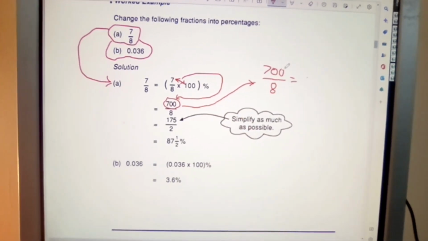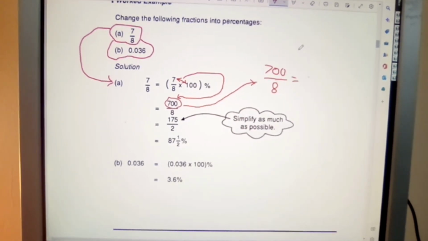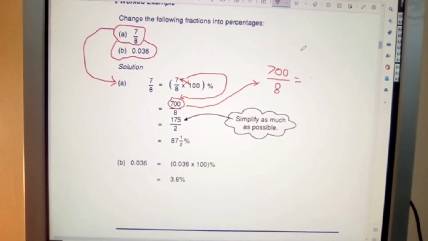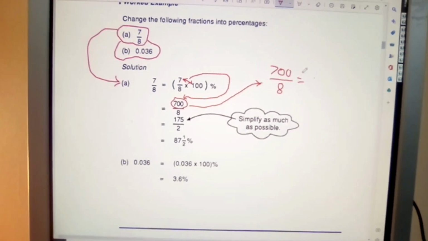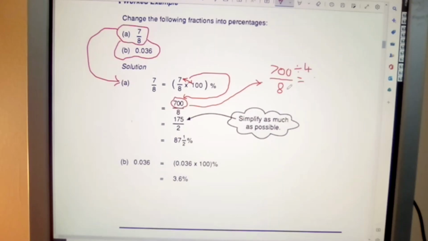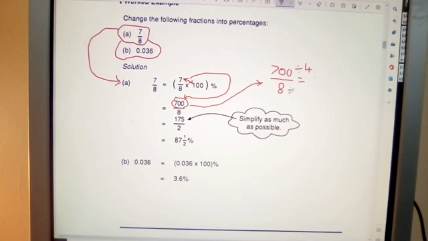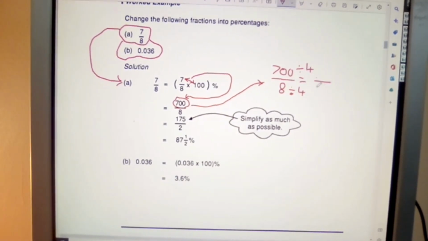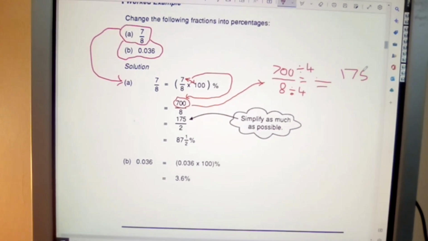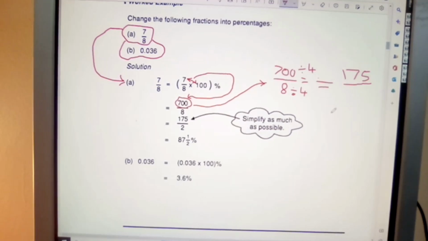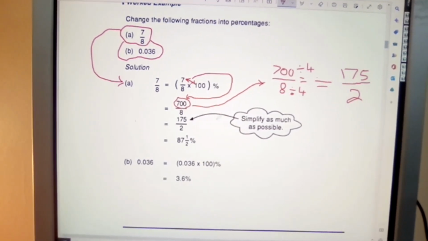Now if I divide that by 4, if I divide both the bottom and the top by 4, so if I divide that by 4, and I divide that by 4, that's going to equal 175 over 2. 4 into 8 goes twice, goes over 2, which is exactly what we have here, okay?